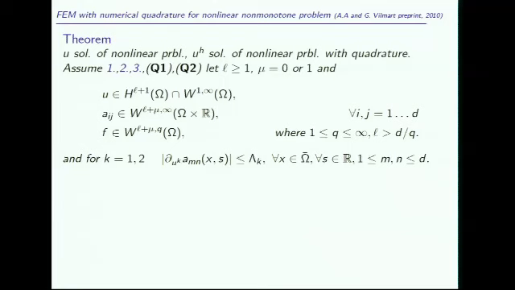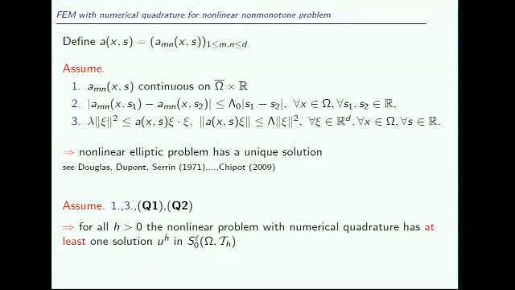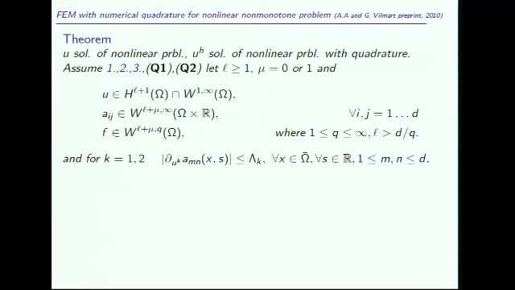So the main theorem that we would like to show here is the following. I take u the solution of the nonlinear problem, u_h the solution of the nonlinear problem with quadrature. I assume 1, 2, 3, which I already need to assume to have a unique solution. Then I assume that the solution u is in H^(l+1) intersection with W^(1,infinity), A has some regularity that is written here, and f has some regularity that is written here.